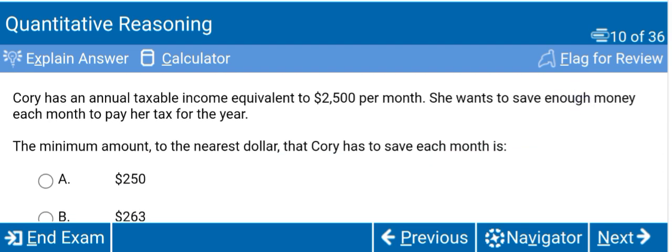Corey has an annual taxable income equal to $2,500 per month. She wants to save enough money each month to pay her tax for the year.